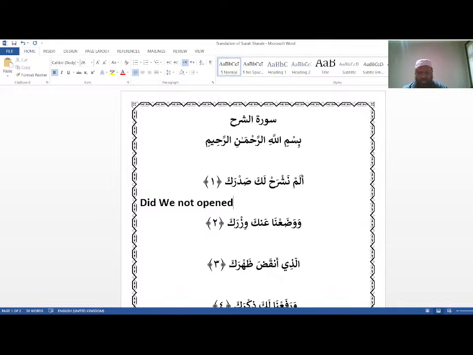We'll try to translate word by word. Most of the time it will make sense. Sometimes if it doesn't make sense, we have to go back and forth, translate the word before it first, the word after it first to make sense. But most of the time, word to word will make sense. So did, lam, nashrah, we not opened. Did we not opened? Laka, for you.